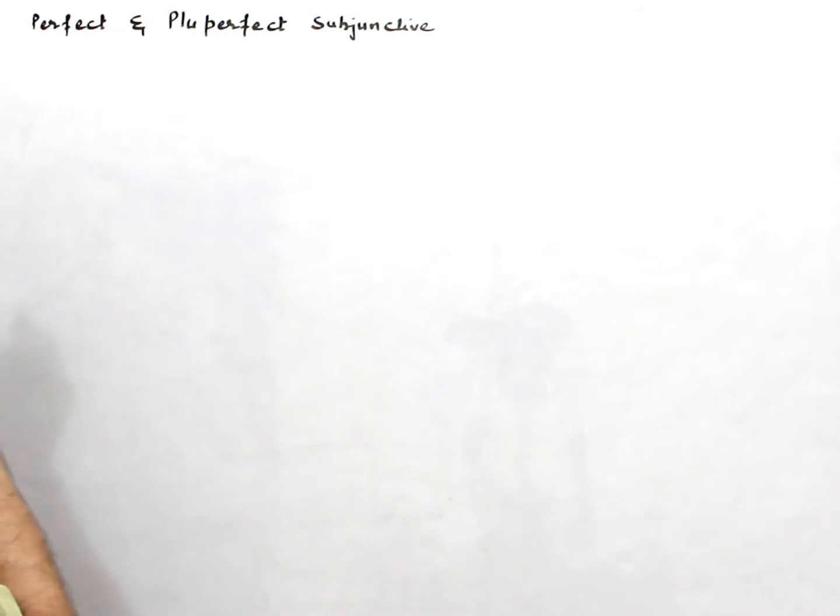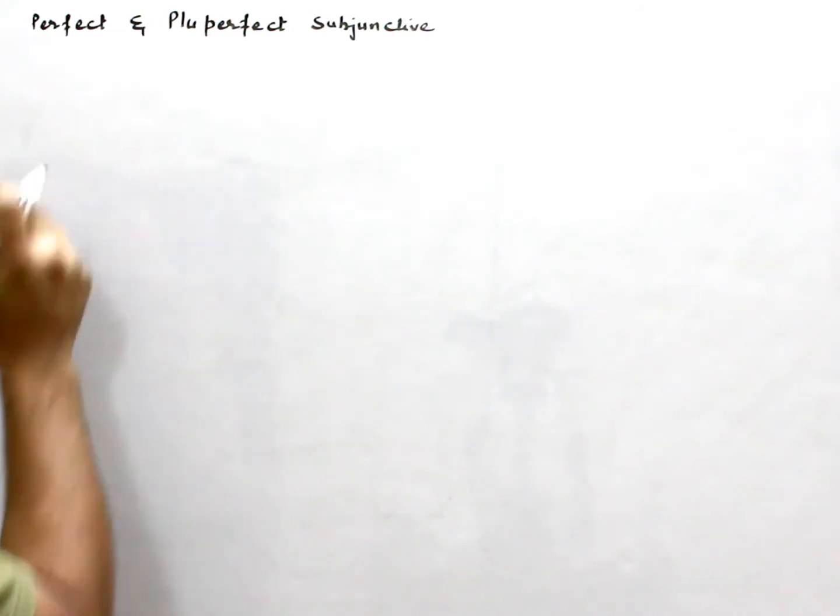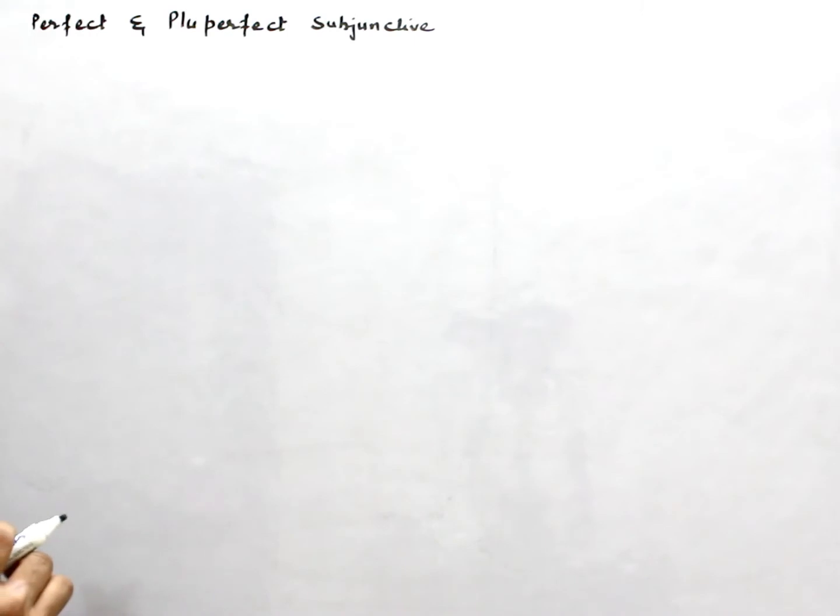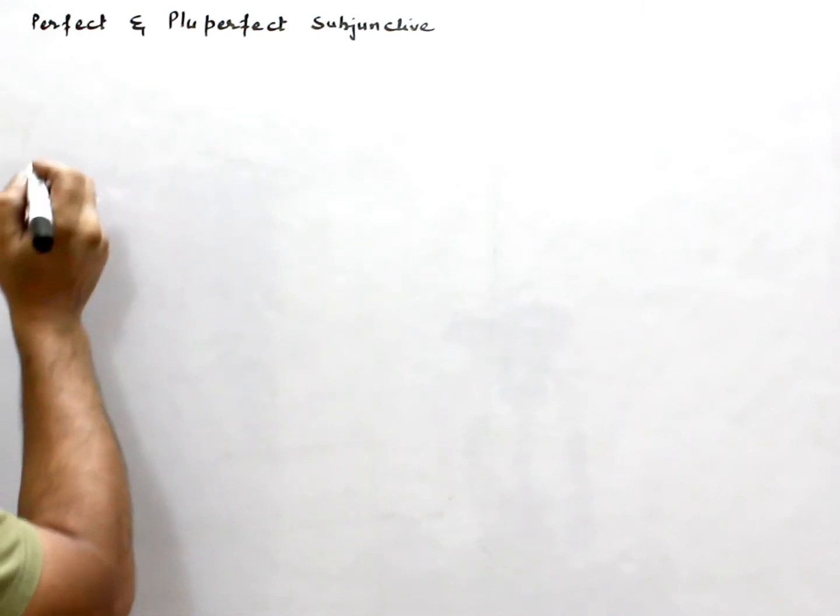So, first we know a verb in Latin has four principal parts.